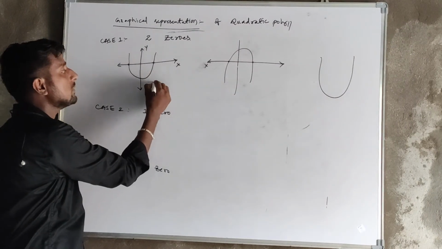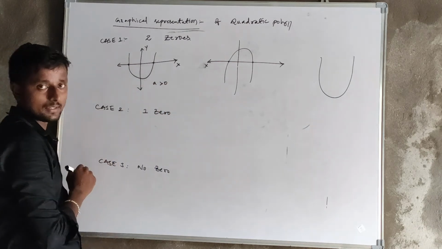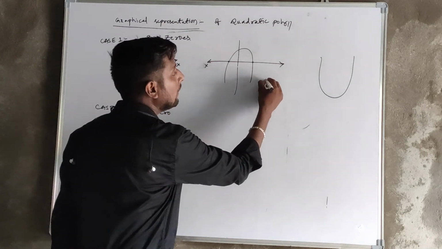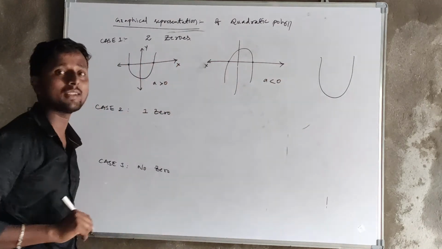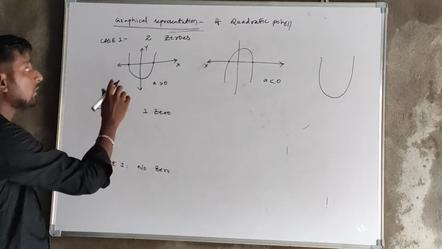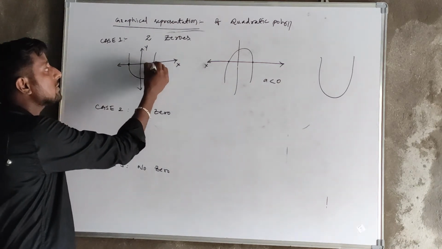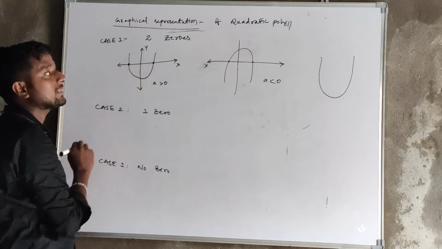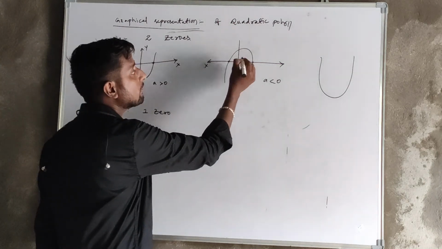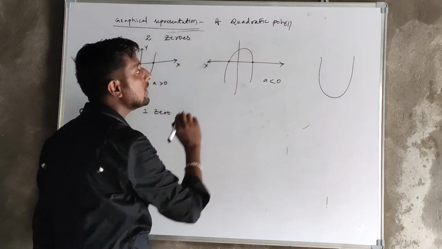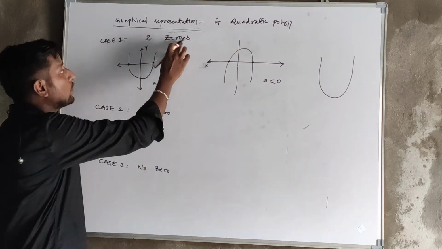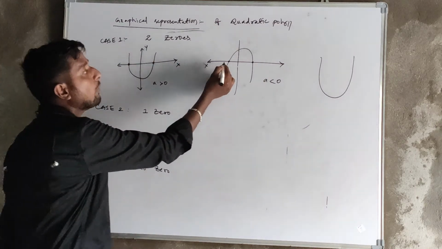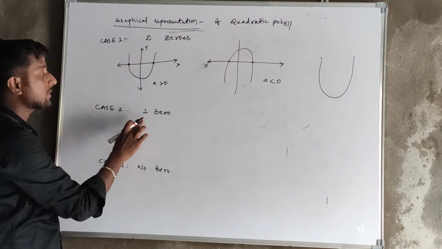This may happen when a is greater than 0, and this will happen when a is less than 0. Here, both intersection points of the parabola and the x-axis are called zeros. So here I said two zeros. I can locate the 2 points even. Correct? Next, one zero.